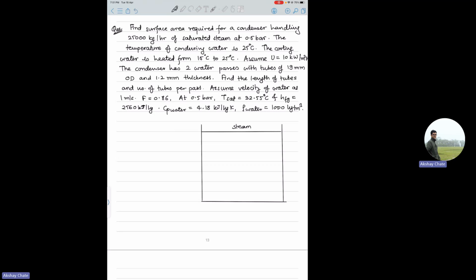They have mentioned that the condensation is happening at 25 degrees Celsius, but the saturation temperature corresponding to 0.5 bar is 32.55 degrees. So that means it is not saturated water when it condenses. It is subcooled water. That is also one important thing you should notice. Temperature will not be the same throughout, right? Because during phase change it will be 32.55.